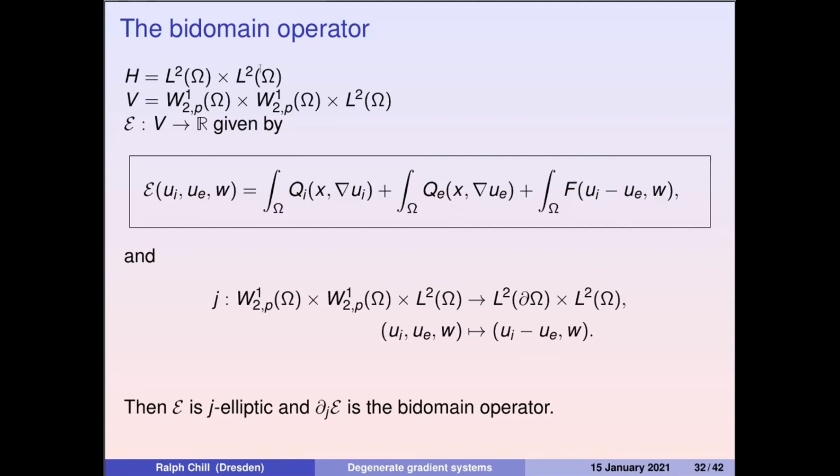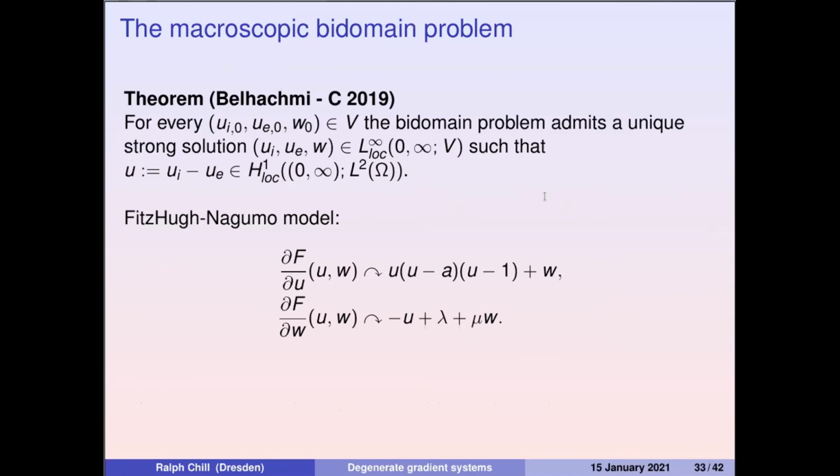You get a solution. Just by this idea, but actually it's a classical gradient system, but I don't know the energy on the space H. I rather use this natural energy on the space V. Well, so as a consequence of the well-posedness, you get this theorem that you have uniqueness of solutions. You have even here solutions not in the space H, but you have solutions in the space V, in this energy space. And you have a certain kind of regularity.